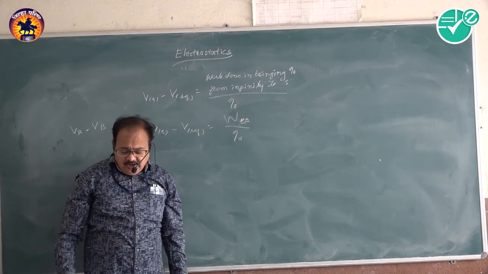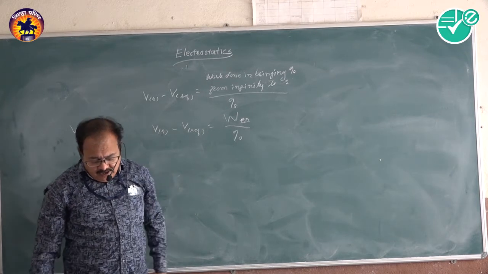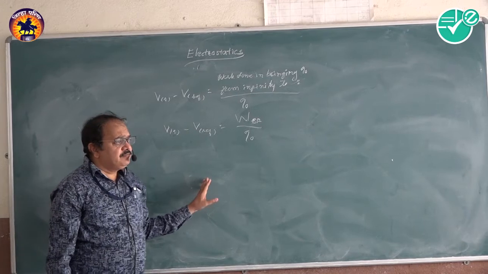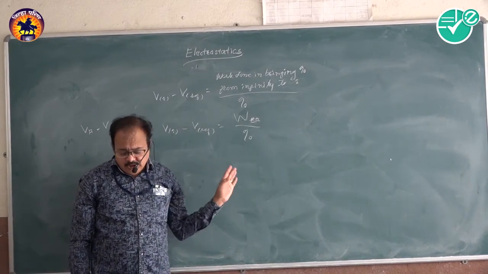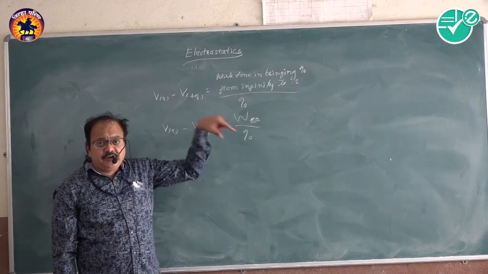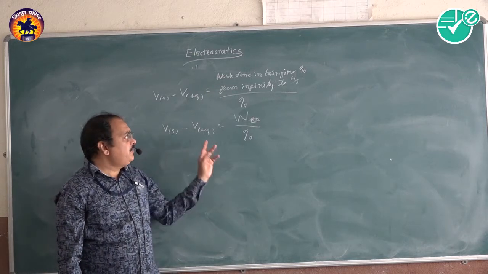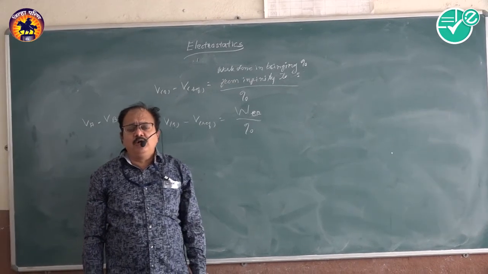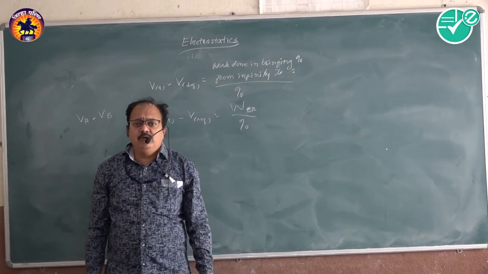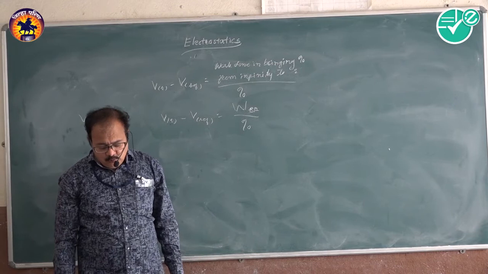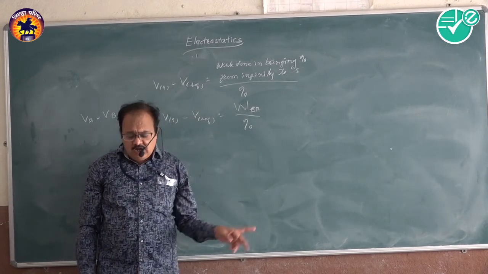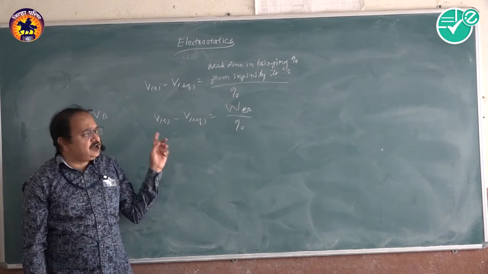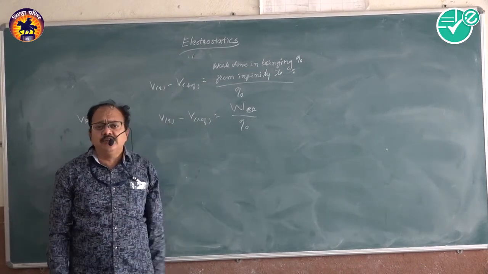Electric potential at a point in an electric field is defined as the amount of work done to bring a unit positive charge from infinity to that point against the direction of electric field intensity.